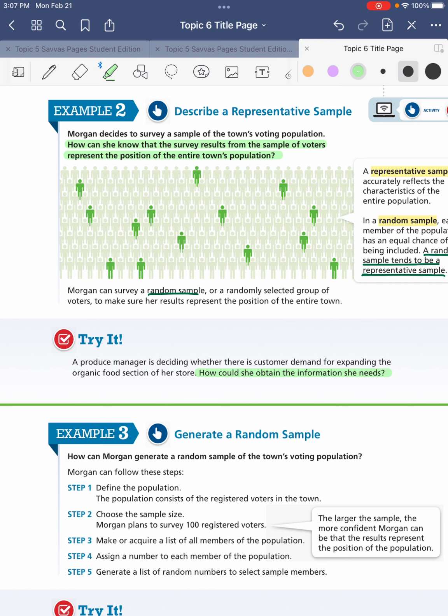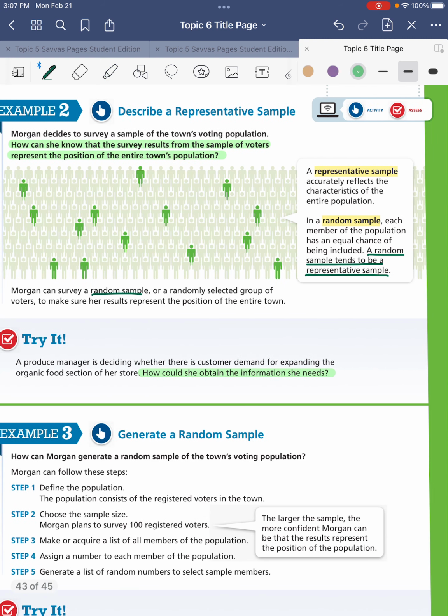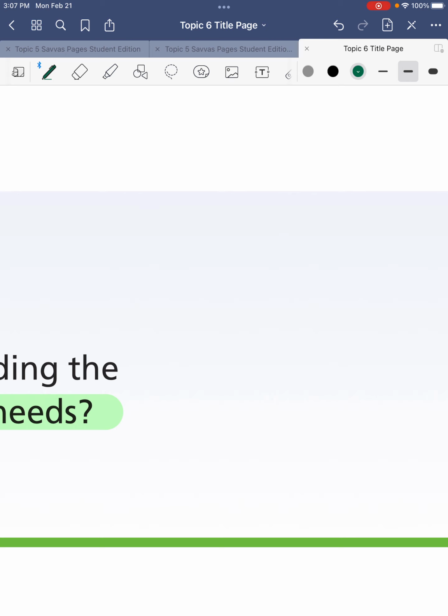Now, she can't just pick the people that are shopping in the organic section because they're going to have a biased opinion, right? They're going to want a bigger section because they're already shopping in the current organic section. So she could survey randomly selected shoppers, right? So that's what we're going to say.